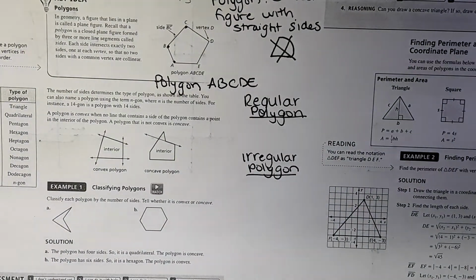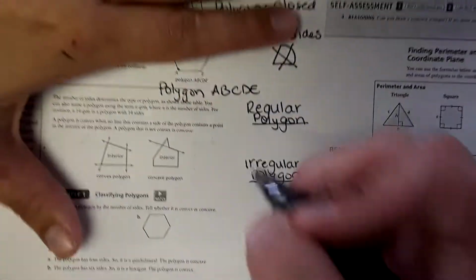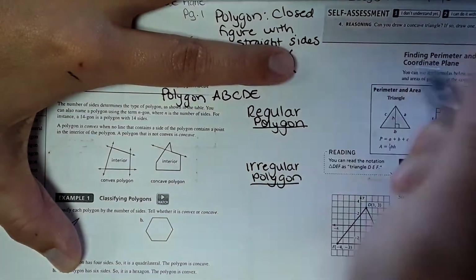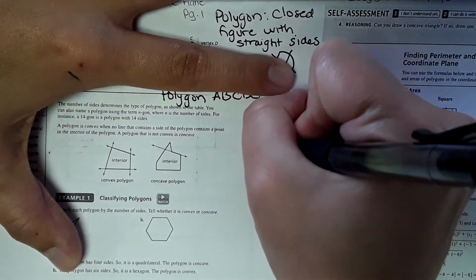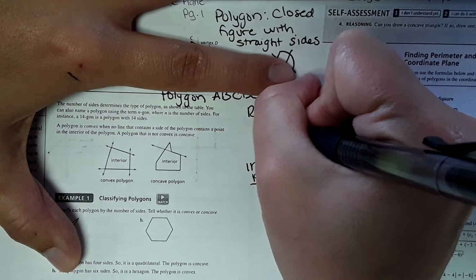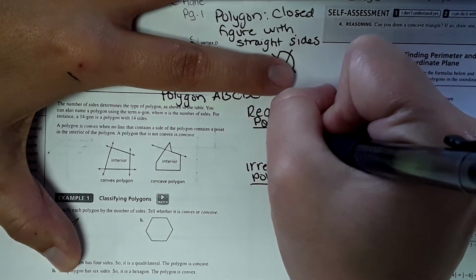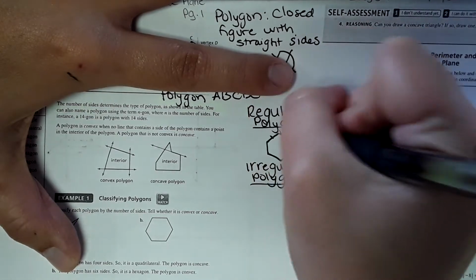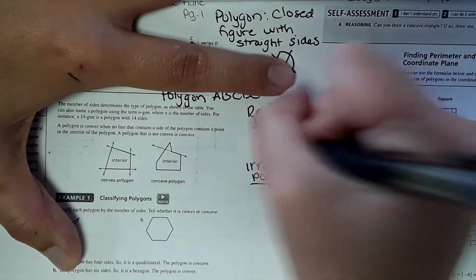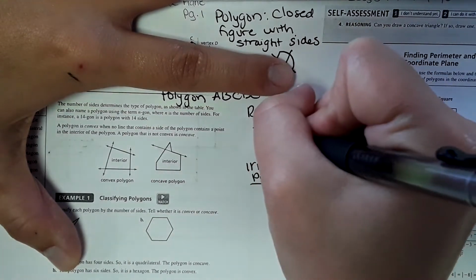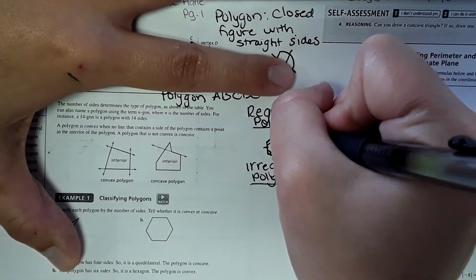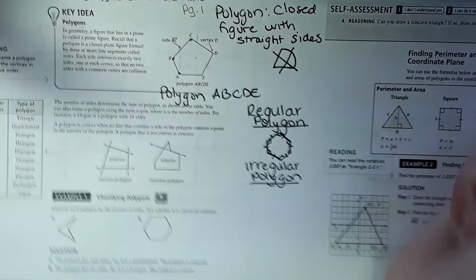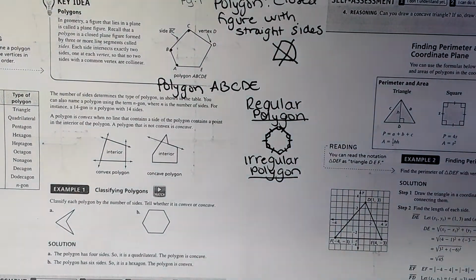A regular polygon would have all its sides identical. So I'm going to try to draw the most perfect hexagon I can draw because a regular polygon would be perfect. It has all sides the same length. So all sides are equal in length. And then all angles are the same measure. So it's just perfect, perfect, perfect. That is a regular polygon.